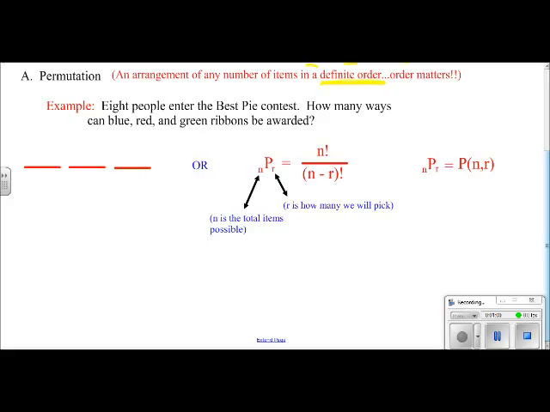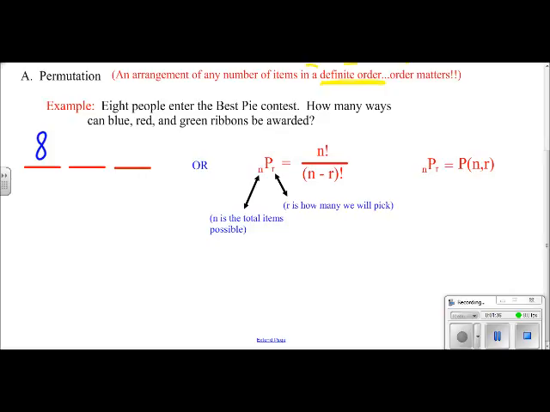Let's look at another example of how permutations work. Our example says 8 people enter the best pie contest. How many ways can blue, red, and green ribbons be awarded? This is going to look really similar to our fundamental counting principle problem from before, when we were scheduling classes. For the first place prize, or the blue ribbon, there are 8 people who can win that.